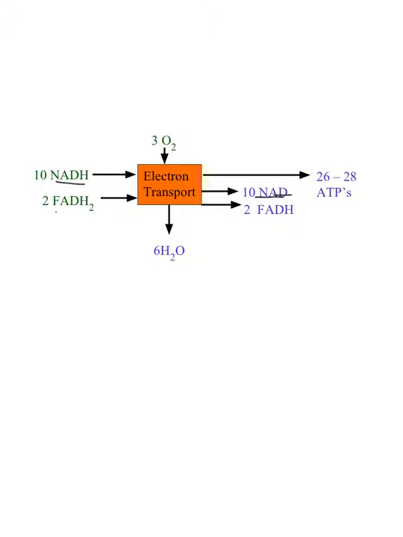We're going to take the 2 FADH2s from Krebs cycle, strip off the hydrogen, and use the energy from the attendant electrons to make a whole lot more ATPs, or convert ADPs into ATPs. The remaining FAD can again be recycled and reused.